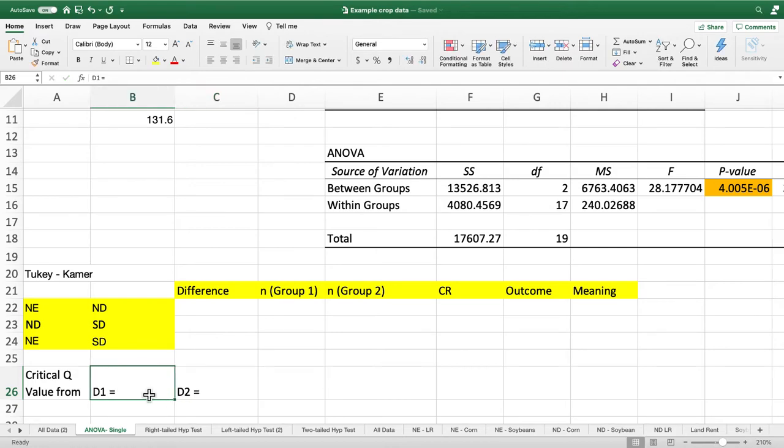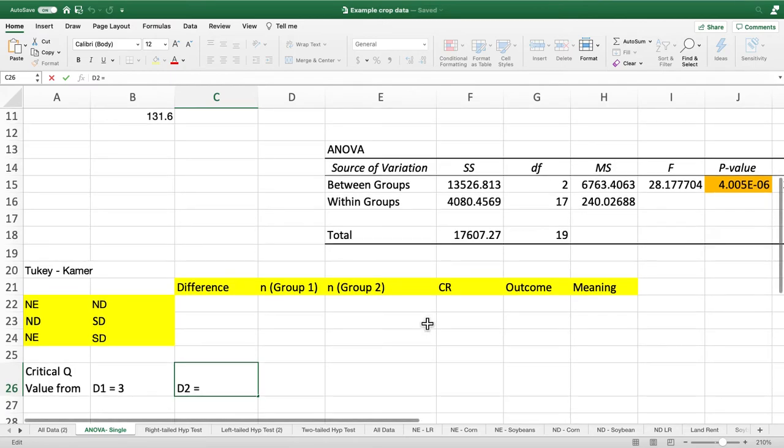D1 is simply equal to the number of variables you have. So here we have 3, so our D1 is just equal to 3. And our D2 is a little more complicated because we're looking at our degrees of freedom.